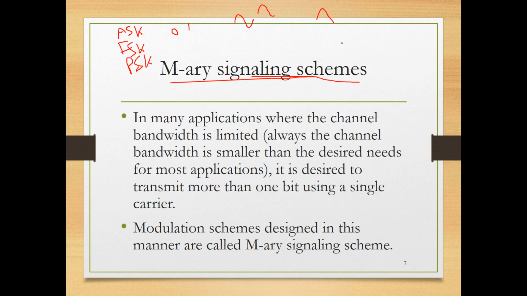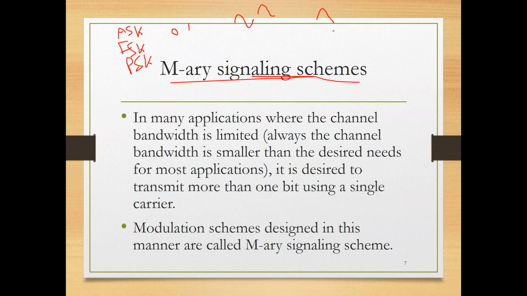But this is not very efficient because it doesn't allow me to send more data bits at each single transmission. So can't I increase the number of levels so that I encode more data bits?